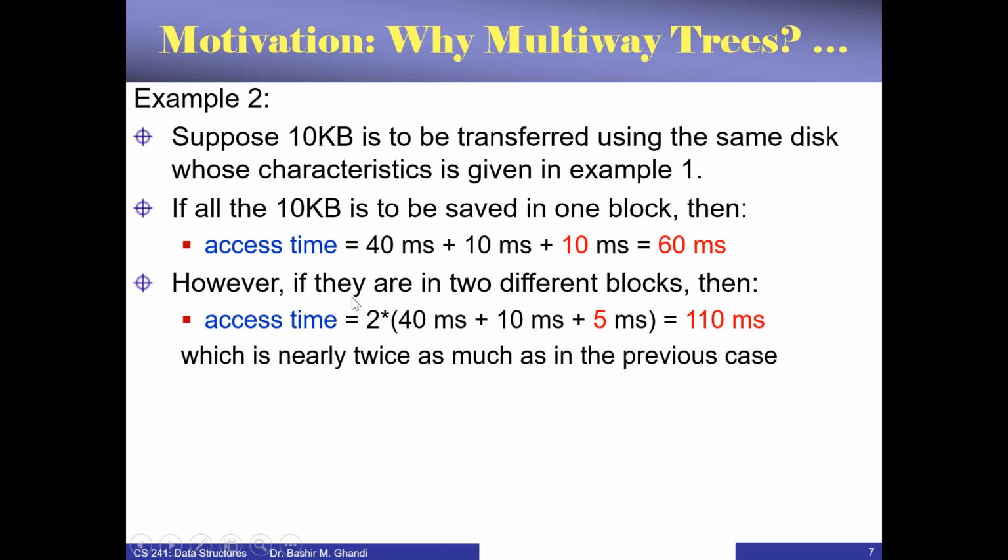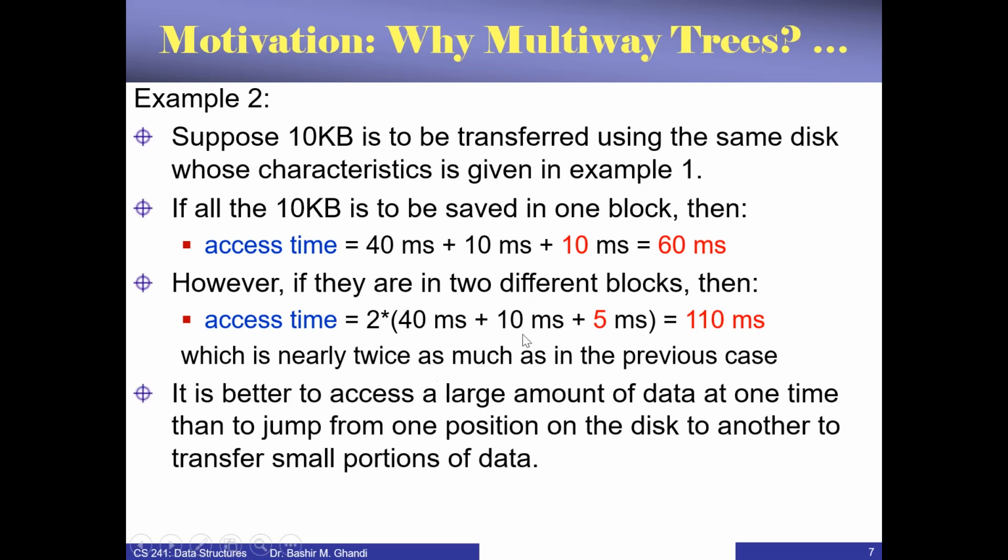So you just multiply what we computed earlier in example 1 by 2, and you can see the difference. We're going to need 110 milliseconds. This is nearly twice as much as what we need in the first scenario: 60 milliseconds against 110 milliseconds.